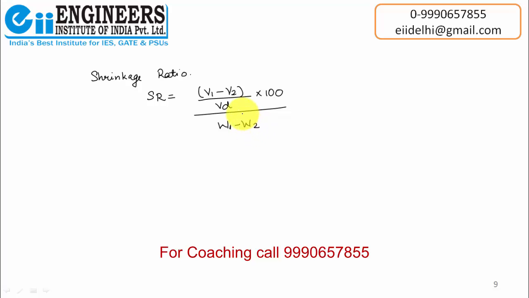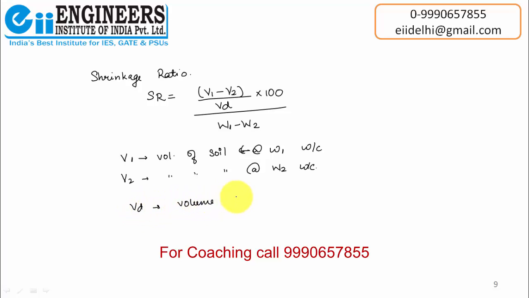Here V1 is the volume of soil mass at W1 water content, V2 is the volume of soil mass at W2 water content, and VD is the volume of dry soil mass. This is the shrinkage ratio.